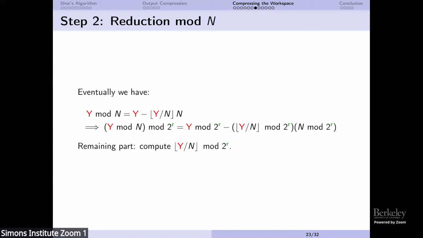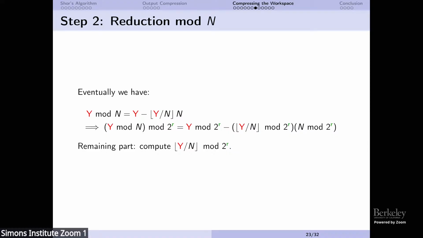And that takes constant space, so that's fine. There is a value here like n mod 2 to the r, which is also a constant. Lots of constants everywhere. And then there is this quotient. So we reduce the problem to basically computing this quotient, y divided by n, and then modulo 2 to the r. So some bits of y divided by n. And so now we're here, and we still need to do more arithmetic.